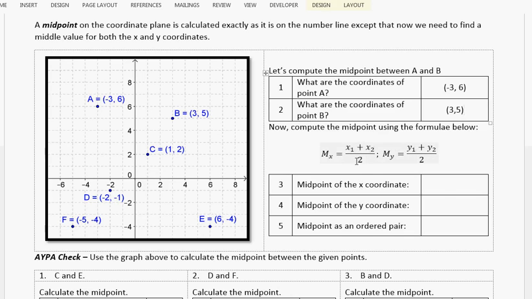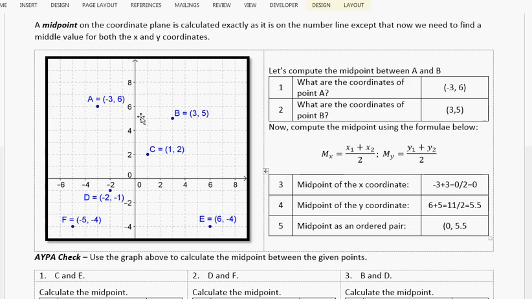We're going to do the sum of the x's divided by 2. So that's -3 plus 3, which is 0, divided by 2, 0. And the y coordinate is going to be 6 plus 5, which is 11, divided by 2, which is 5.5. So the midpoint between A and B is the ordered pair (0, 5.5).